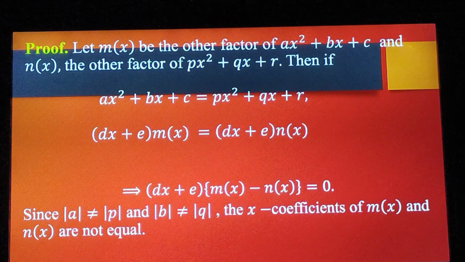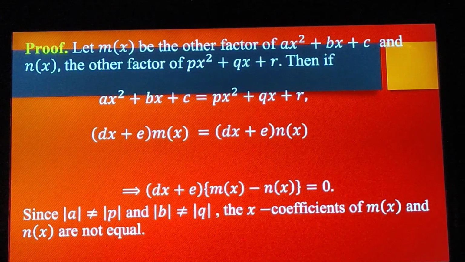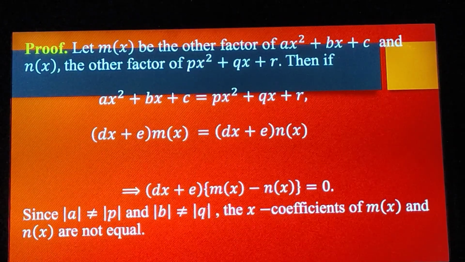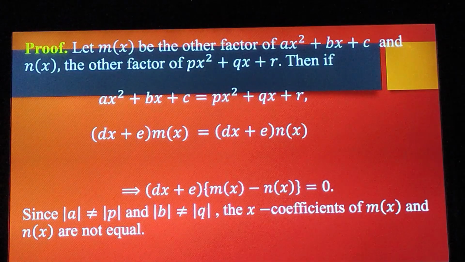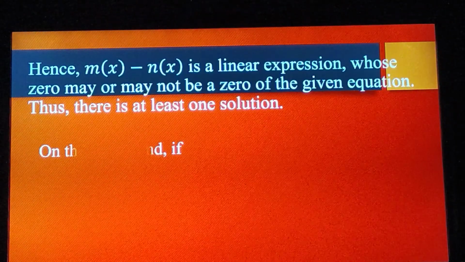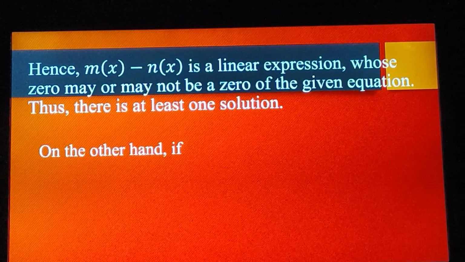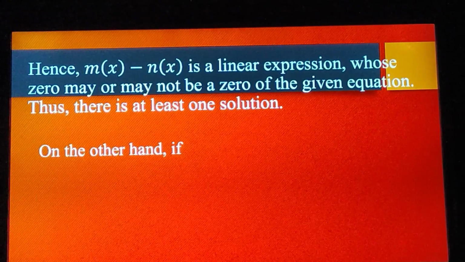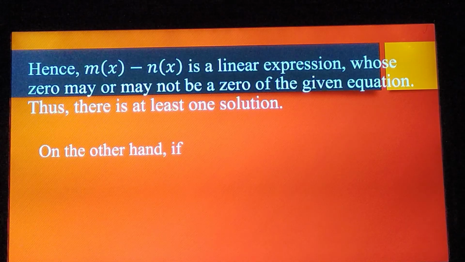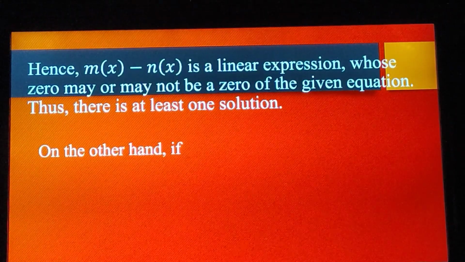And because of the conditions that the absolute values of a and p are not equal and the absolute values of b and q are not equal, the x coefficients of m of x and n of x are not equal. Hence, the difference m of x minus n of x is a linear expression whose zero or solution may or may not be a solution of the given equation. Thus, there is at least one solution.